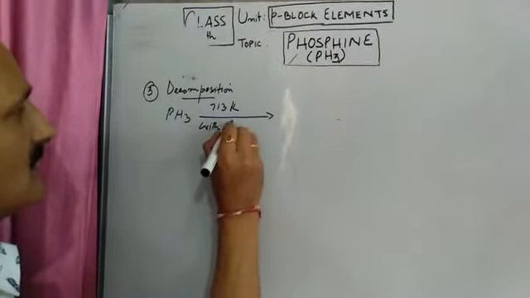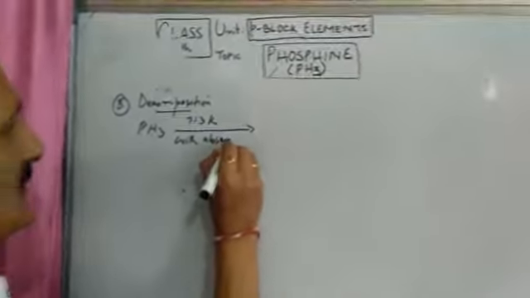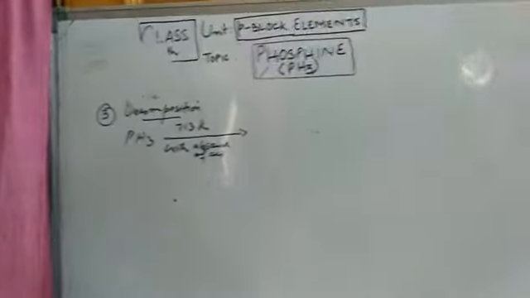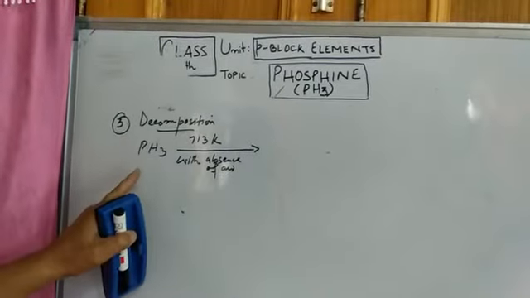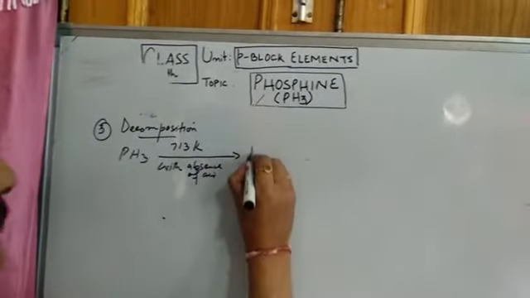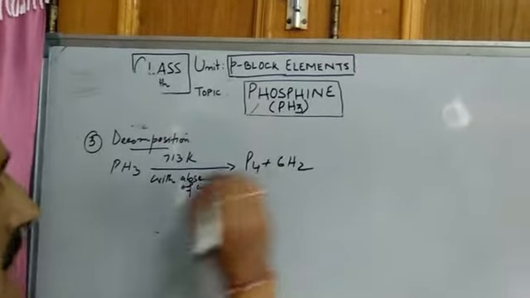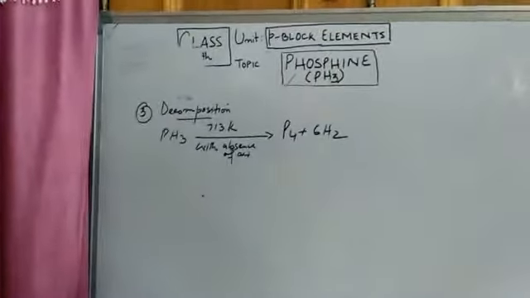There should be no air, no oxygen. At this temperature, phosphine decomposes into phosphorus and hydrogen. So this is thermal decomposition.